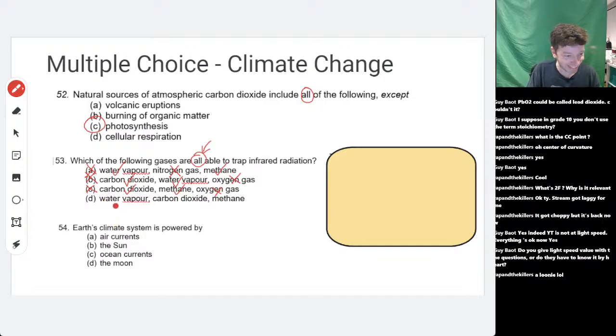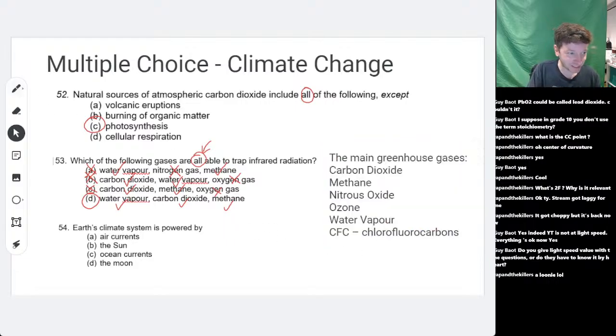It better be D. Water vapor, carbon dioxide, and methane. There we go. And if you're curious, these are the main sources of greenhouse gases: CO2, CH4, different nitrous oxides, ozone, water vapor, and CFCs.